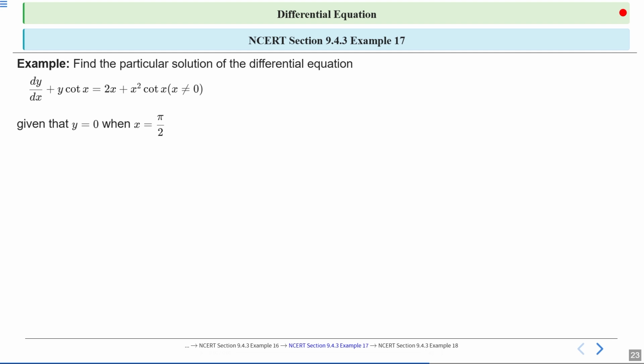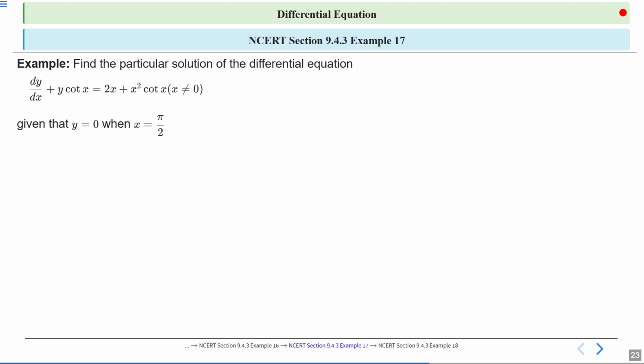So what is different in this example is that we have to calculate the particular solution. To calculate a particular solution of the differential equation, at first we have to calculate the general solution, and then we apply the initial condition to find the value of c, and when we substitute back the value of c, we have a particular solution.